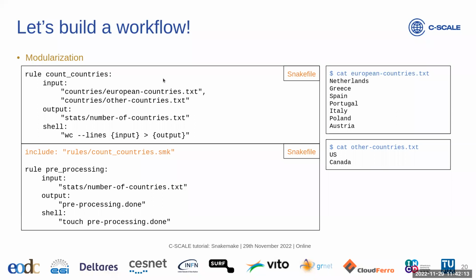I'm adding that to a snake file which is separate from the one on the bottom with the rule pre-processing. And what I have to do is just include the first one. Now I can run Snakemake again with the pre-processing rule, and it's going to trigger both of them. So when your workflow is pretty big, you put things into separate files, and I believe it helps it grow a little bit more.